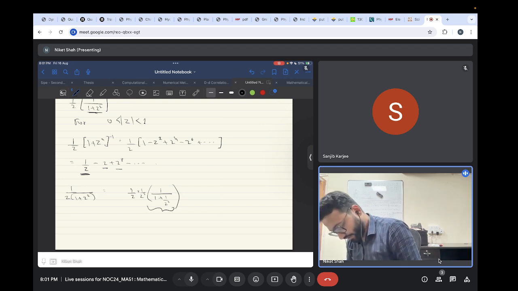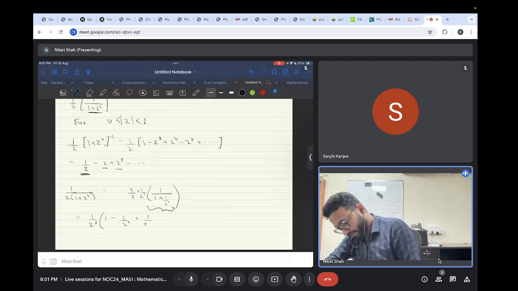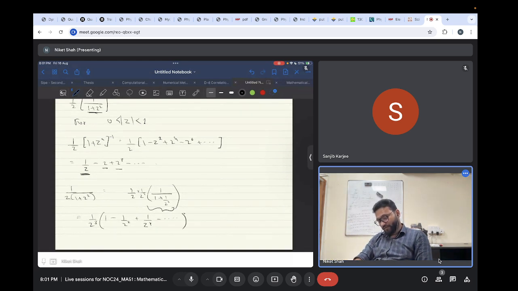So this is equal to 1 by z cube times 1 minus 1 by z square plus 1 by z power 4 minus, and so on.